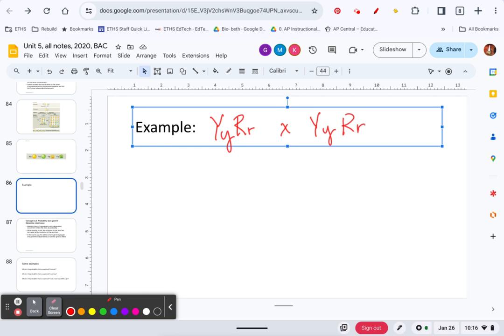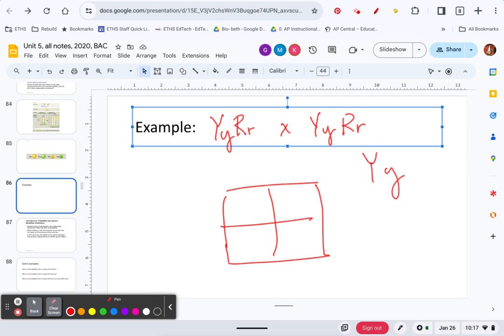We have two parents, and our parents are both big Y, small y, and big R, small r. We're going to do a dihybrid for this. Now, when we did monohybrids, it was pretty easy because you're only dealing with one trait. You were dealing with big Y and small y, and you would just put one letter above each box.